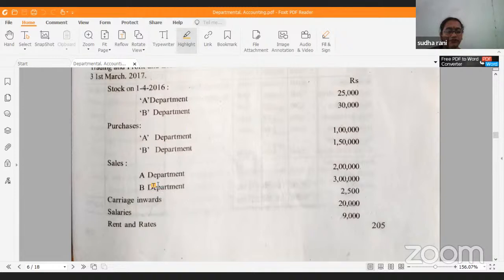You are supposed to divide it among the two departments based on their purchase ratio. Please write down in your books: carriage inward has to be divided based on the purchases ratio, 1 lakh is to 1,50,000. I'll show you minimum calculations on the sheet.